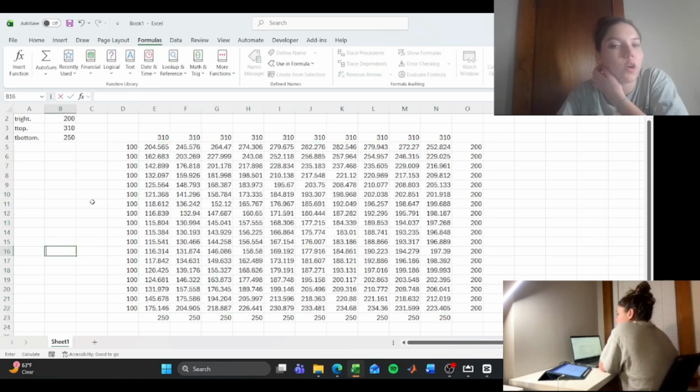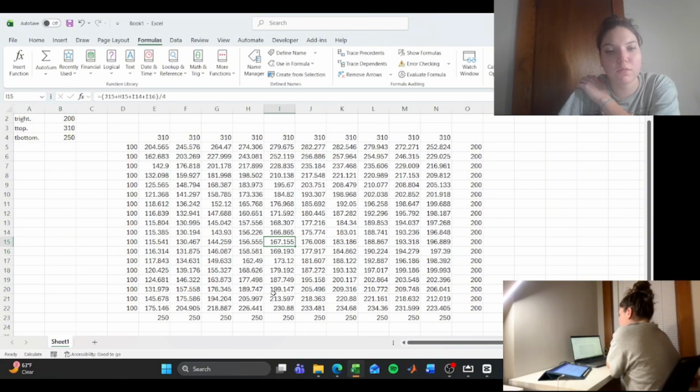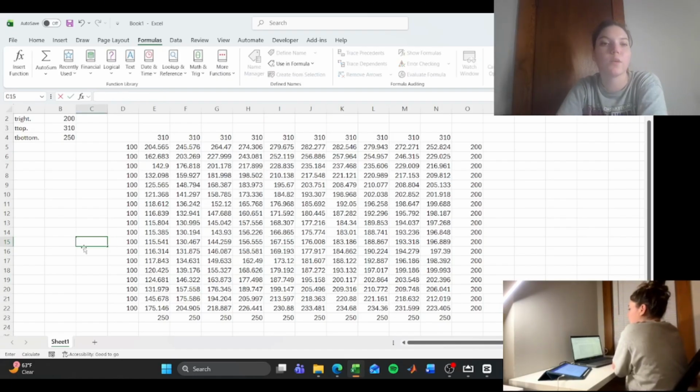So with this, it's showing what the temperature is at any position along the grid. So if I'm looking at this cell, this is just the average temperature of the 4 cells that are around it. So this is how we can model the 2D heat diffusion within Excel.